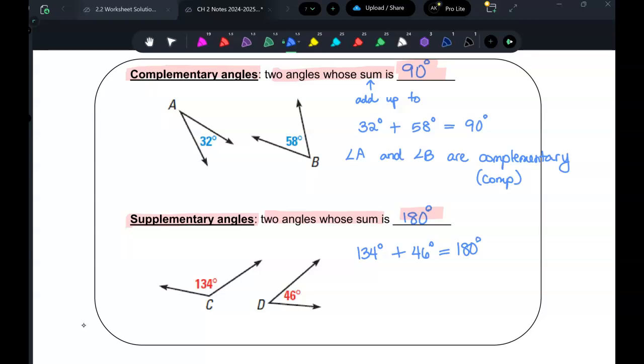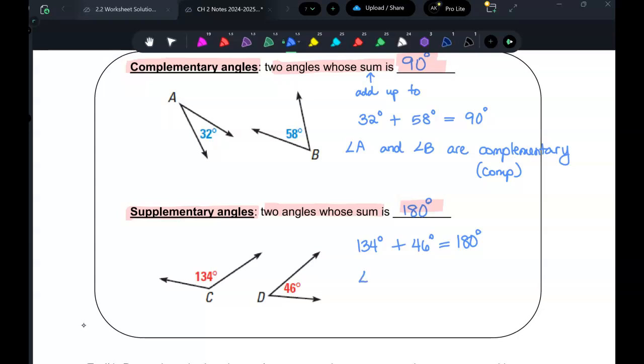Okay. So when two angles add up to 180 degrees, we say angle C and angle D are supplementary. And like I said, I'll just use an abbreviation there for supplementary. Add up to 90, complementary. Add up to 180, supplementary.